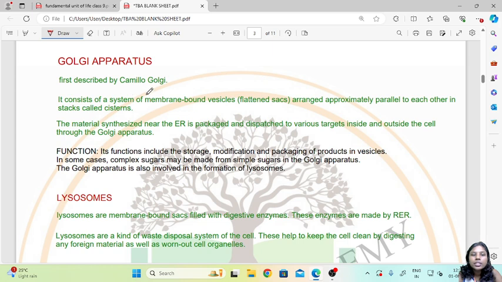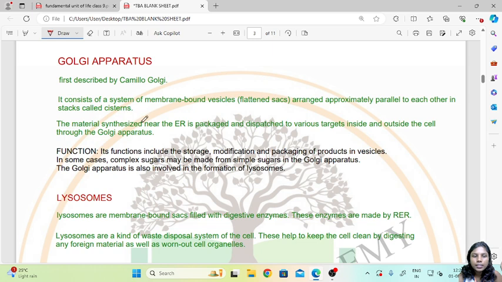It consists of a system of membrane bound vesicles. They are flat structures arranged approximately parallel to each other. So if one is here, the other one is going to be here, and they are stacked up. This is called the cisterns.